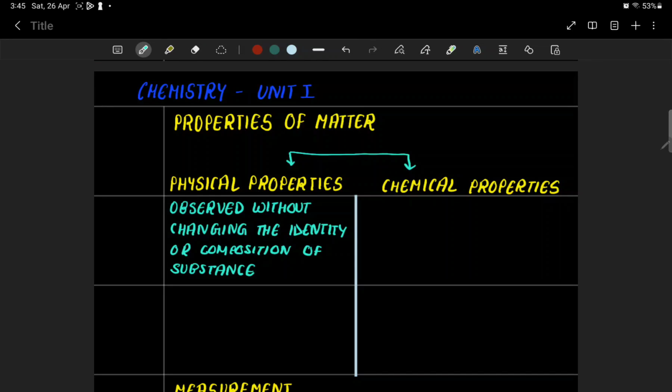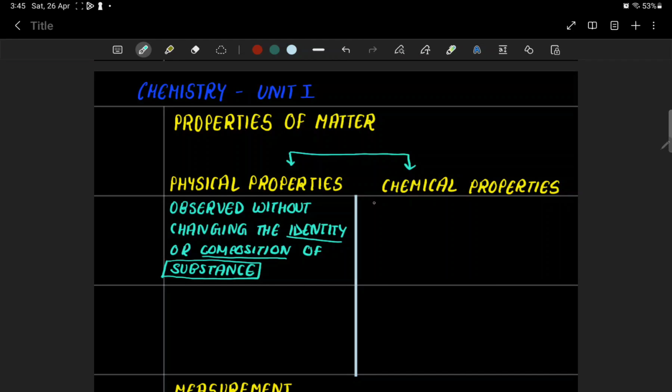Physical properties can be observed without changing the identity or composition of the substance. The definition of substance we have already dealt with in the previous part. And chemical properties.